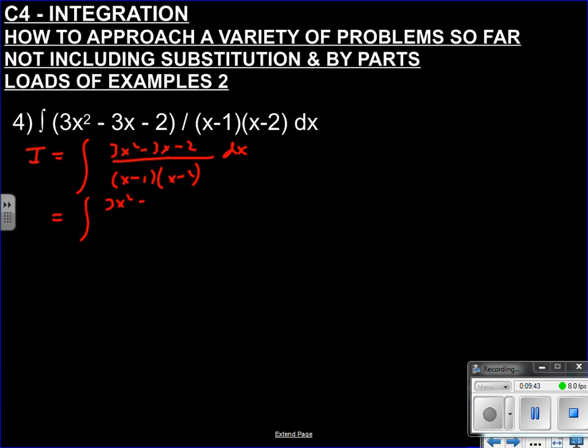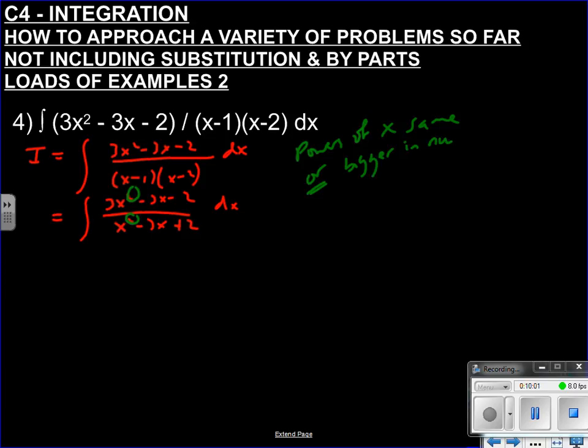Is it long divisionable? Yes, because the bottom, if you multiply it out, the powers of x are the same. So powers of x same or bigger in the numerator, therefore long division. So make sure you're noting this to yourself.